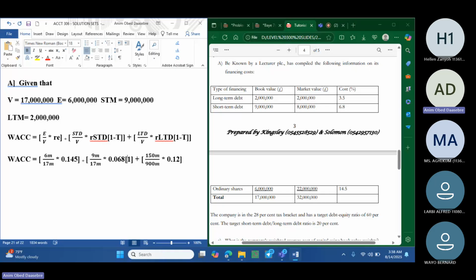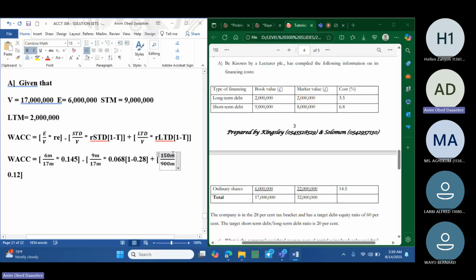Then you factor in tax: 1 minus the tax. The tax is 28% from the question below the table. We have the company in the 28% tax bracket. So 1 minus 0.28.